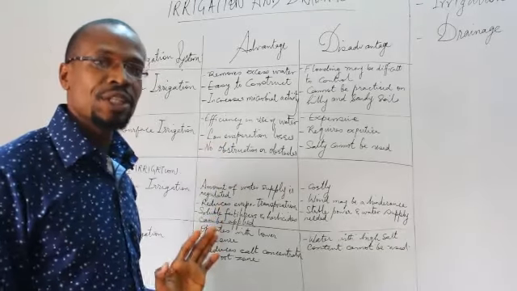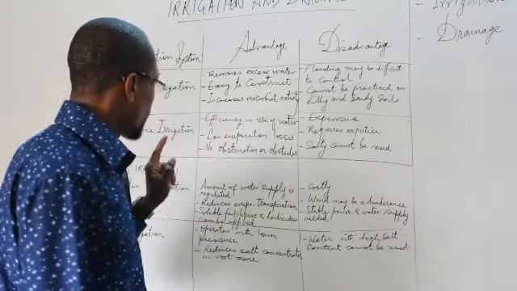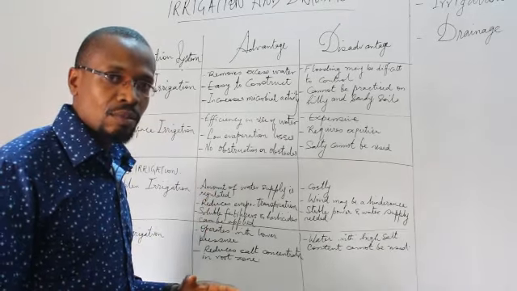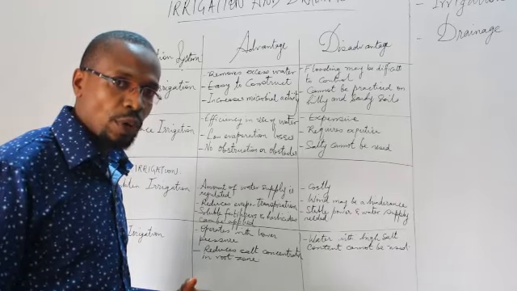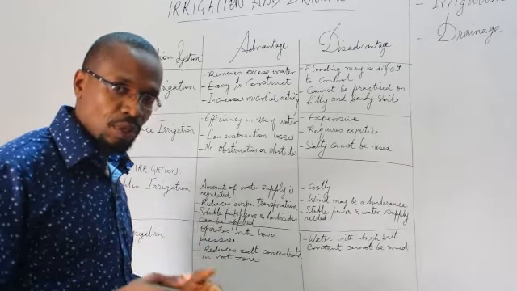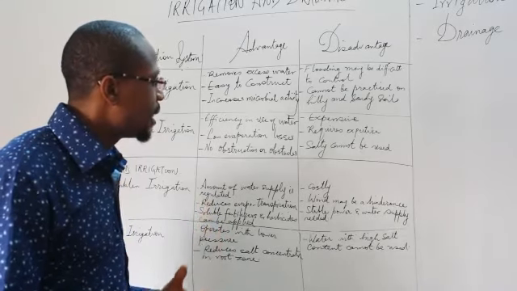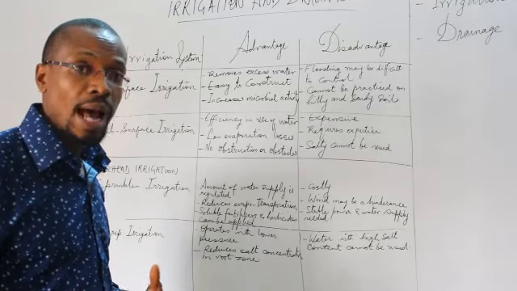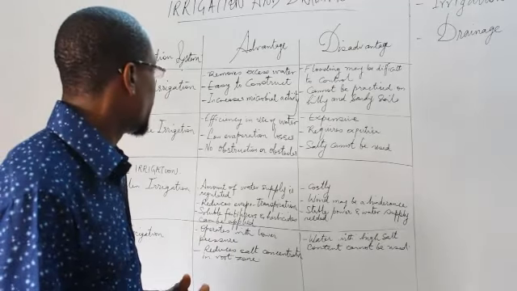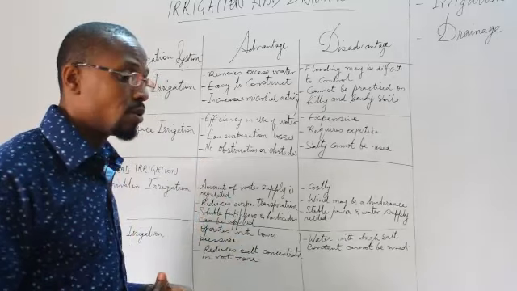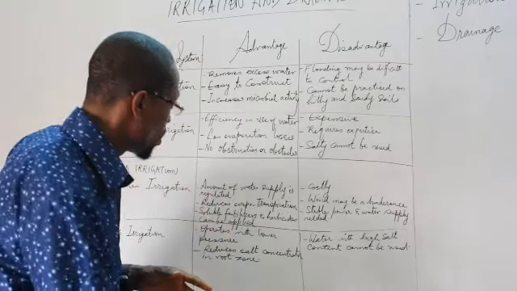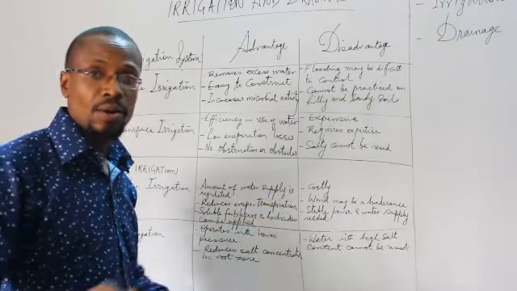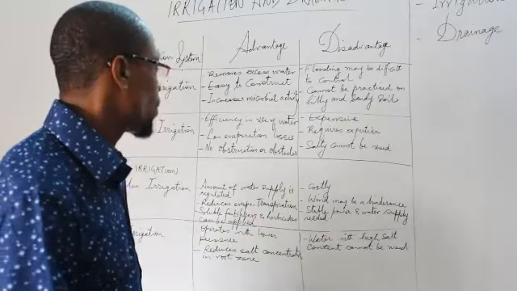There is efficiency in the use of water, and low evaporation losses because the water comes out not on the surface but beneath the surface, so evaporation is not very high. And there are no obstructions because the pipes are run beneath the ground. Farm machinery can be carried around without any obstruction whatsoever.